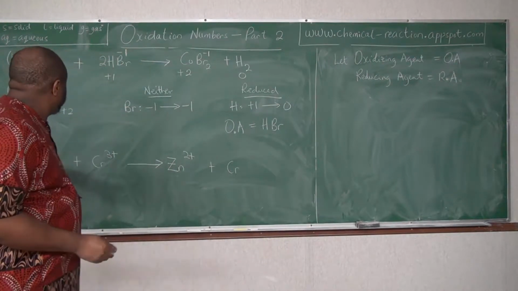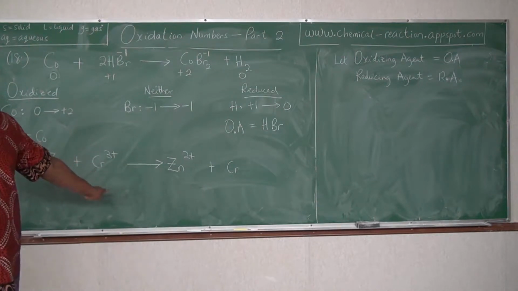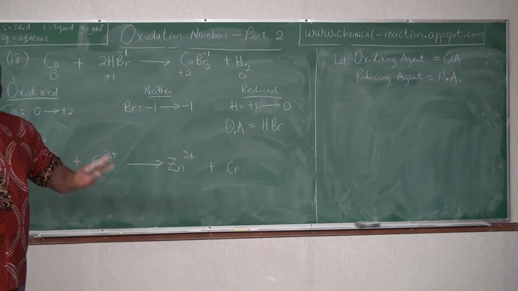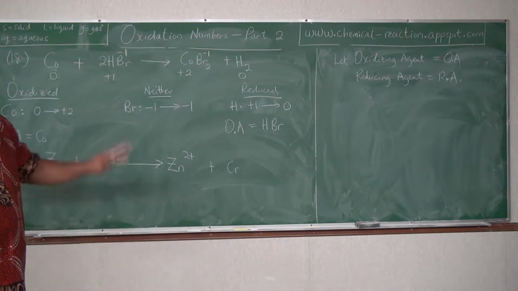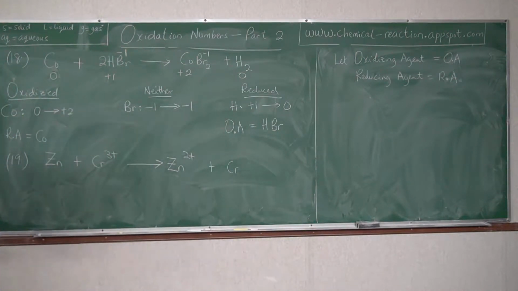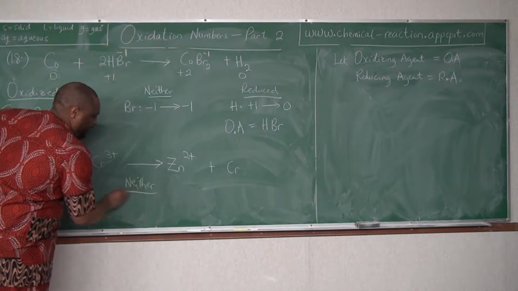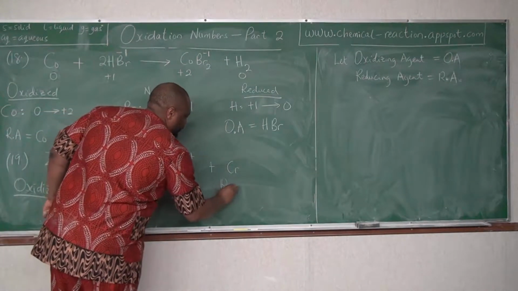I got this question from somewhere, and I know it's not balanced, but for now we're not worried about balancing. Let's just find what they asked us to find. Now, oxidized, neither, and then reduced.